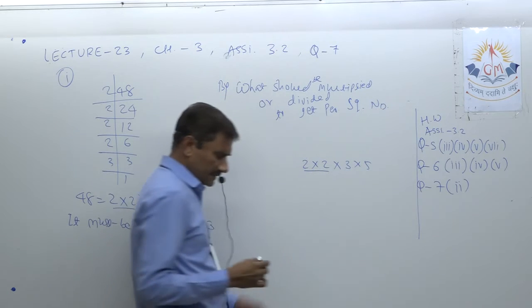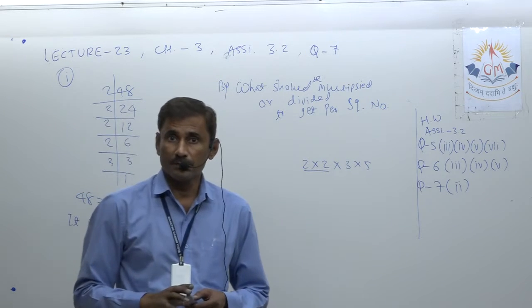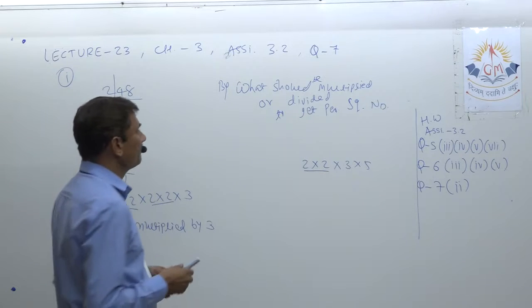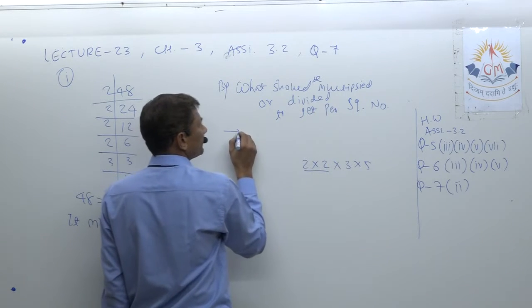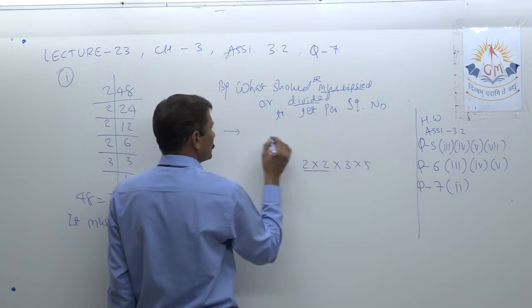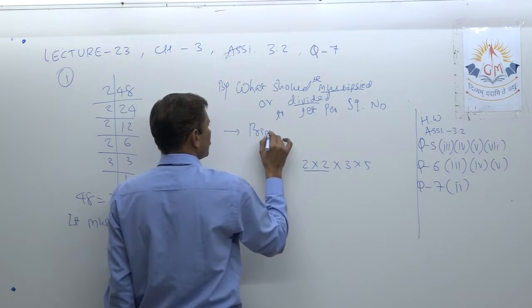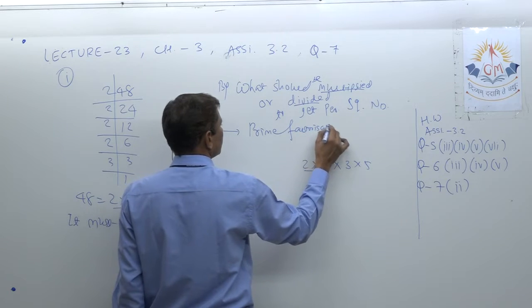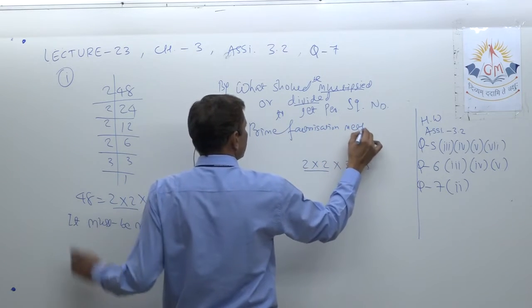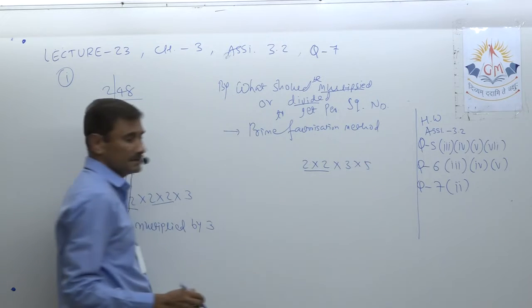In this type of cases, when multiply or divide is there, you apply the prime factorization method. That's why here I applied the prime factorization method.